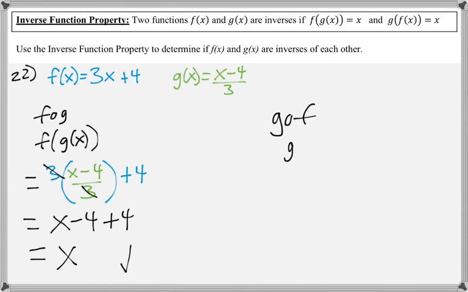And then g composed with f of x, I want to start by writing the g function, and then plugging in the f function.